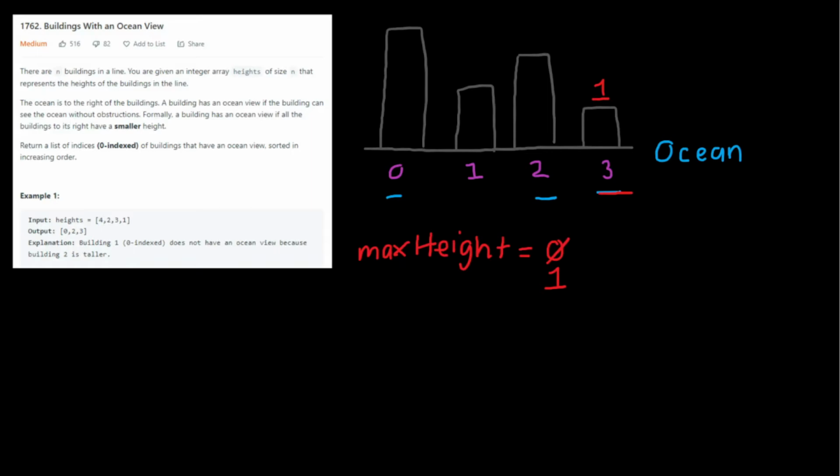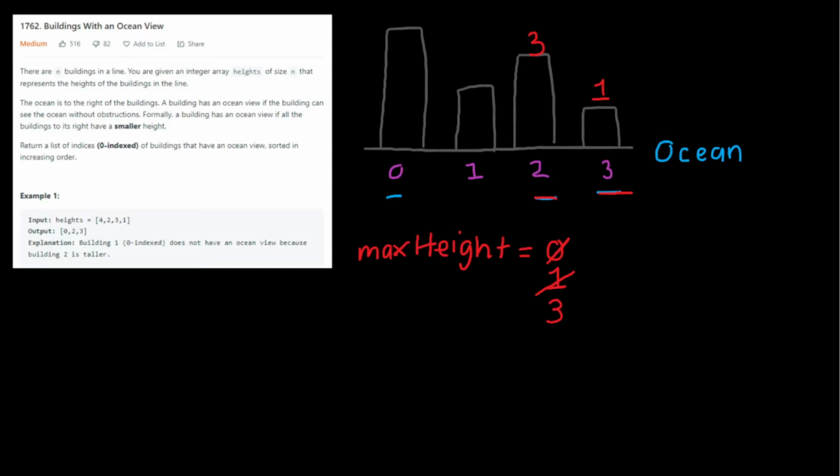Now, if we move on to building 2, which has a height of 3, this height is greater than the current max height, so we would also set building 2 as a building with an ocean view, as well as change the max height to 3. And now when we move on to building 1, we can see that it has a height of 2, which is not greater than the current max height, which is 3.